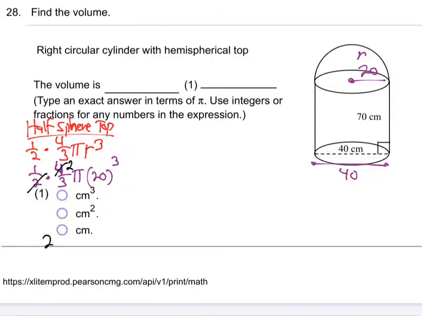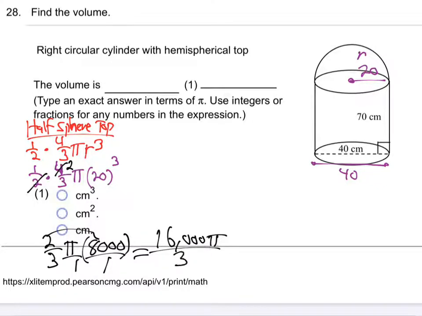So we get 2/3 pi, and then 20 to the 3rd power is 8,000. Put that over 1, put the pi over 1. 2 times 8 is 16,000 pi over 3 on the bottom, because 3 times 1 times 1 is just 3. So there's the volume for the top part, the half a sphere.